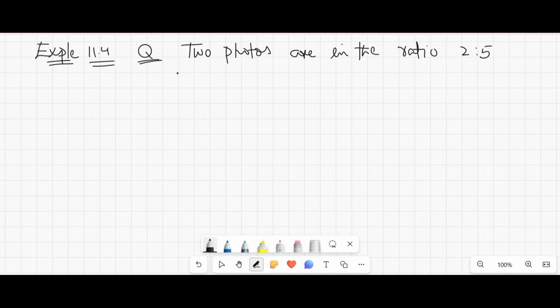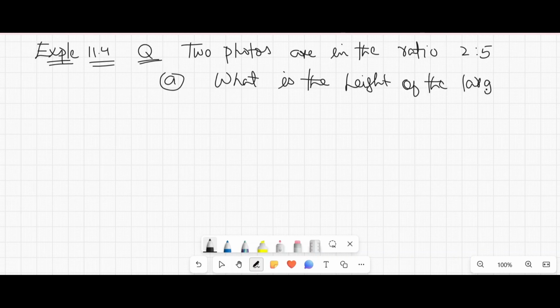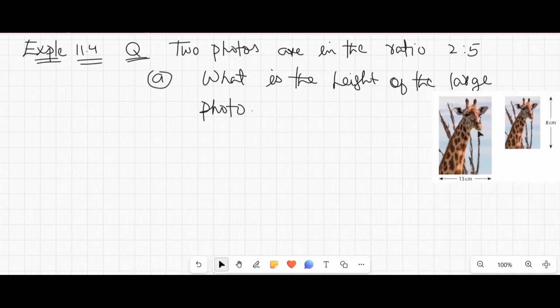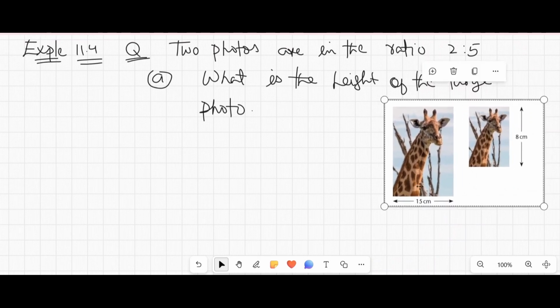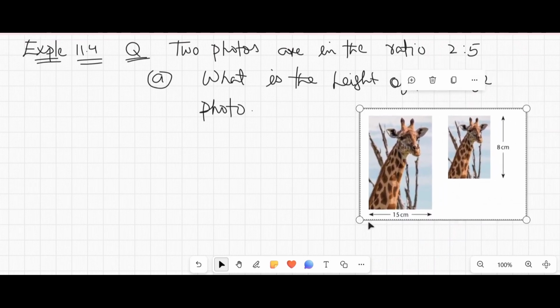So what it is asking is, what is the height of the large photo? So let's find the photo. Now this is the photo. No? So let's make it much larger.